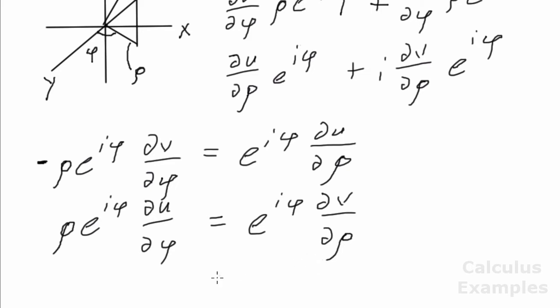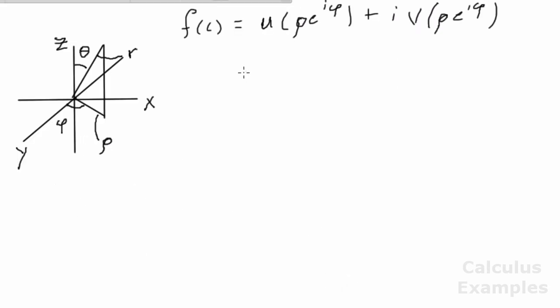Now you may ask yourself, why aren't we canceling out these e to the i phi's? That's a good question. Let's do that now. Well, let's not erase. So let's cancel out the e to the i phi's. All right, so in the end, this is what we get. We get rho partial of u with respect to rho equals partial of v with respect to phi.